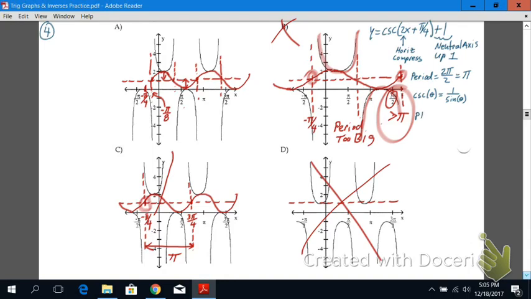So let's take a look at my phase shift and see where it's supposed to start. My phase shift is C over B. I do the math and I get a positive pi over 8. That means it's a shift left. So that is how I chose between A and C.